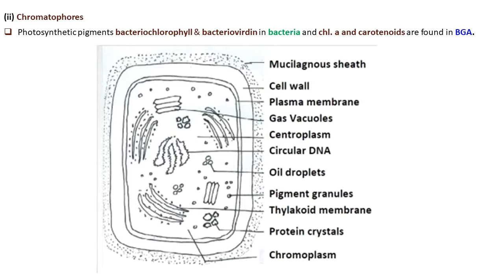Very important objective point here: what is the difference in the pigment of the bacteria or blue-green algae? And the next question that can be asked is, why formerly, before the five kingdom classification, when kingdom Monera was not specified, why was the bacteria kept in the kingdom Plantae?